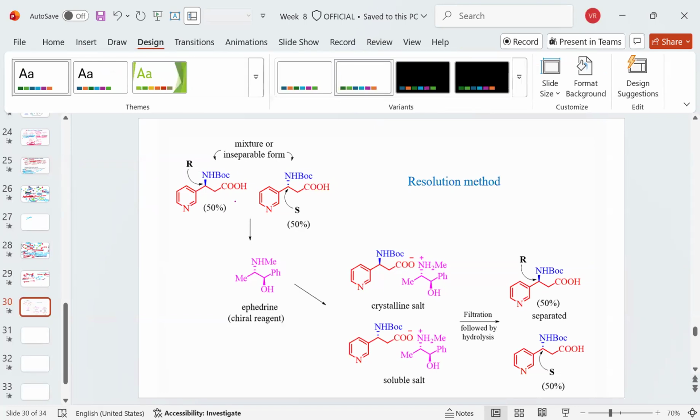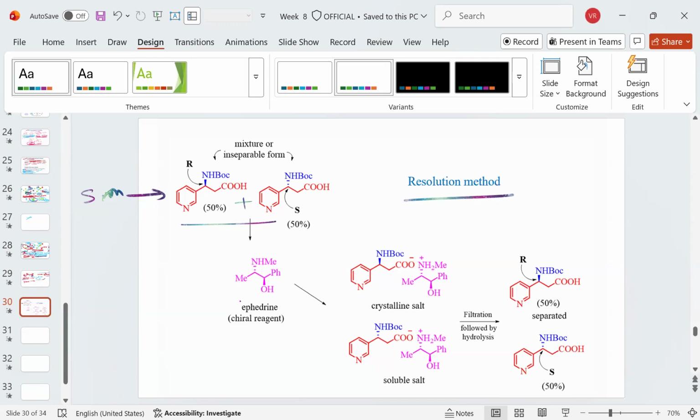Let's say I have some starting material and I perform some reaction. I got these two products in a mixture form. Now how can we separate them? We can do it by this resolution method.